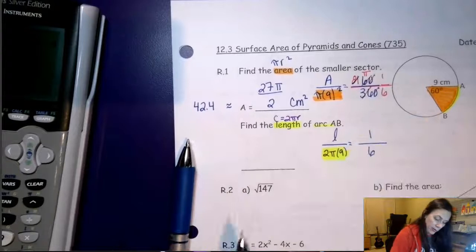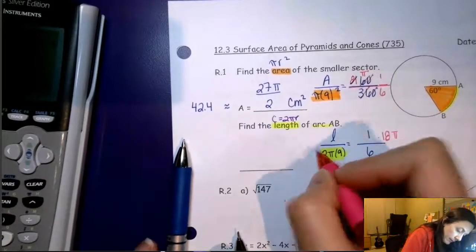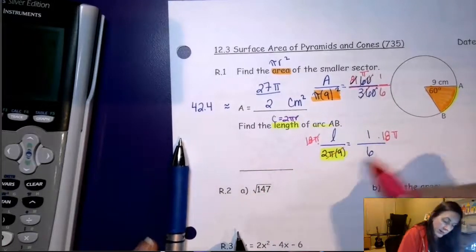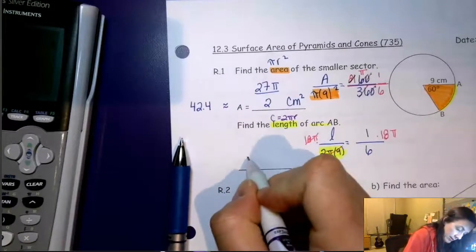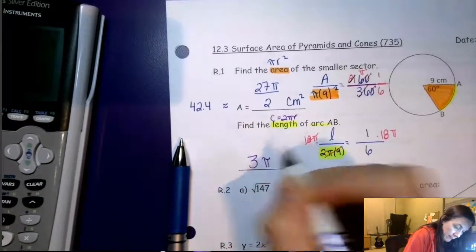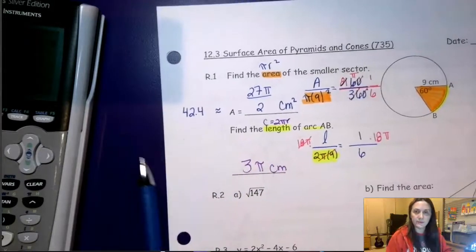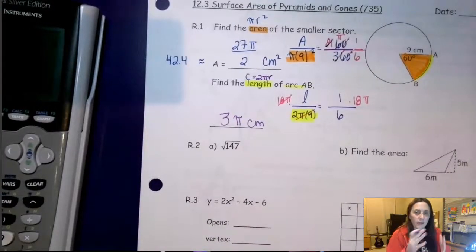I'm going to multiply over here, 9 times 2, and I get 18 pi. I can simplify: 6 goes into 18 3 times. So my length here is going to be 3 pi. My units are centimeters. There we go. It's nice that the setup's exactly the same. You just have to decide if you're talking about length, circumference, or area.